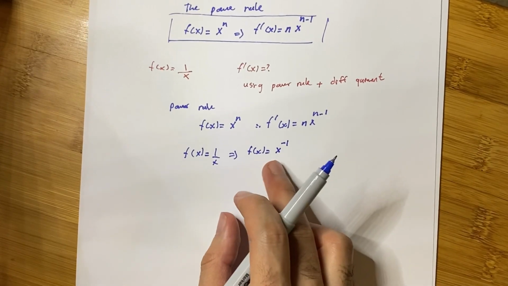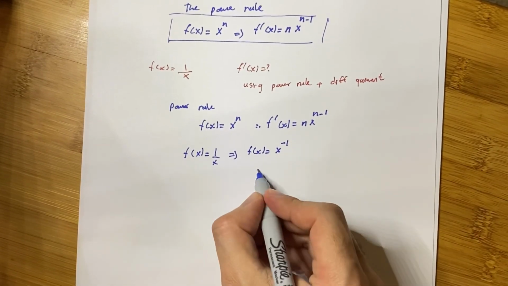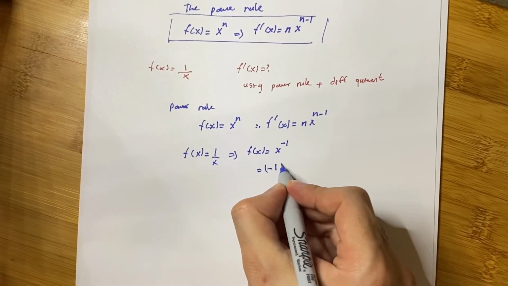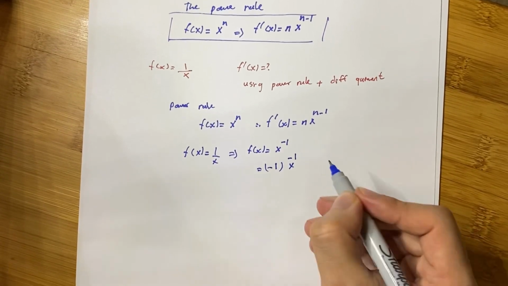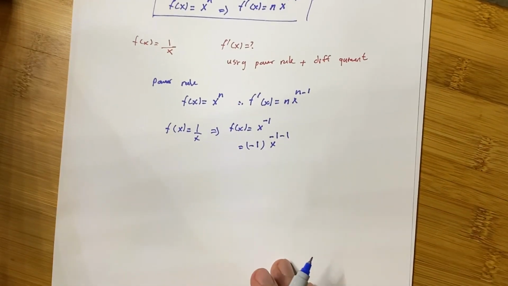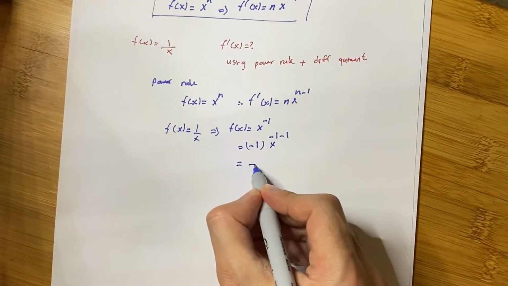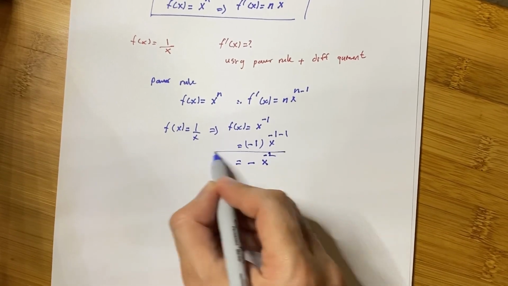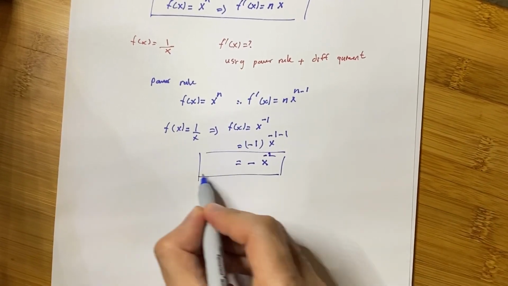Now we can use the power rule, which says this will go down, so minus 1, and then x to the minus 1 minus 1, that will be negative x to the minus 2. That's its derivative.